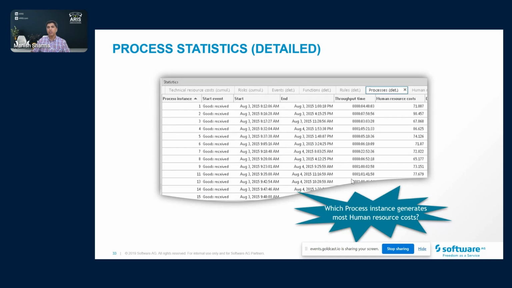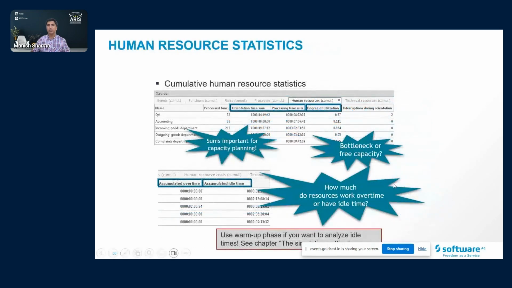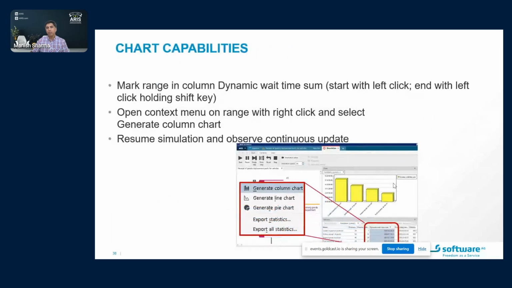It also talks about the people involved and how much time and energy they are spending in the process, and what's the cost involved in carrying out various activities. And I think it's better to show all of this in the demo itself. So I'll skip this bit and get to the demo.